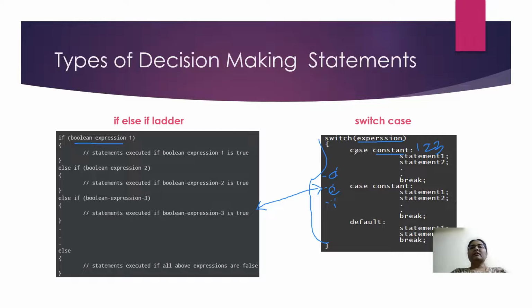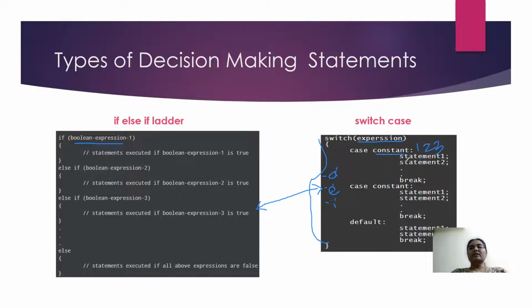Like that, based on the numerical value given by the user from 1 to 7, the appropriate case can be executed, and then you can get the corresponding day. For example, if the user gives the input as 3, then the day should be Tuesday. So in that case, you can have the constants as 1, 2, 3, 4 up to 7.